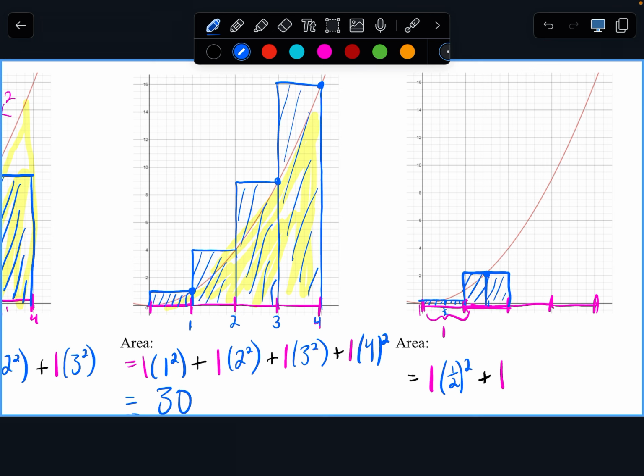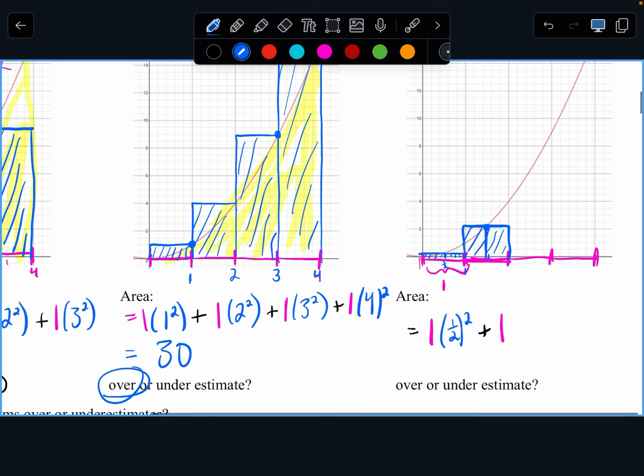That would be the height of that one. Now I got to think more, because this is 1 on the graph. I have to figure out how high that is. I can maybe cheat by looking at the graph. But here, that would be 1.5.